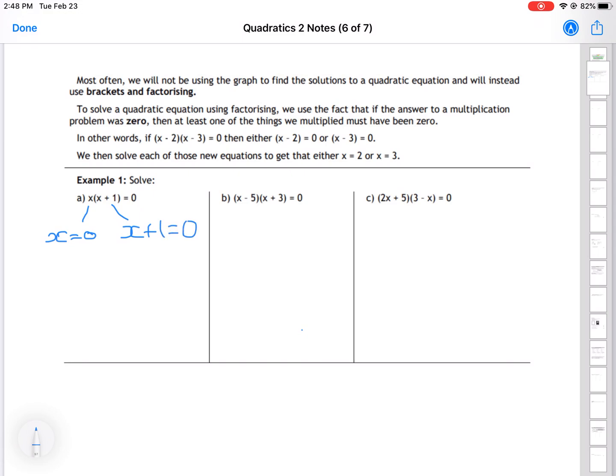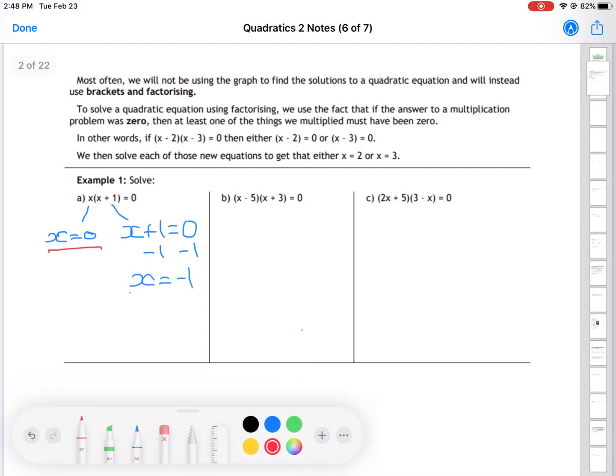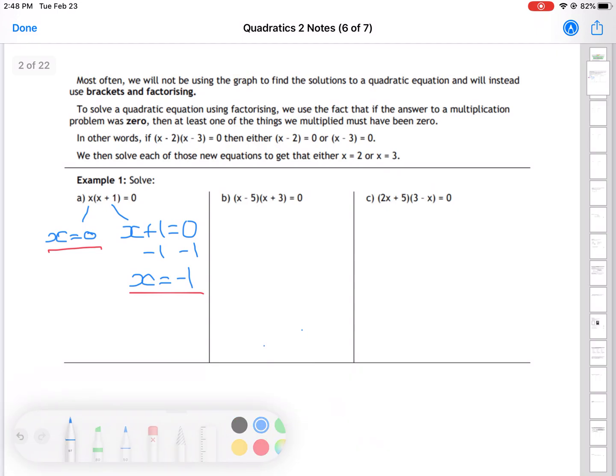I write out my solutions like that with the two lines underneath to make sure I've got both of them written down. One answer to A is x equals 0, but for the other we solve x plus 1 equals 0, take away 1 from both sides, so x equals minus 1 is the other solution. Make sure you do get it down to x equals something rather than x plus 1 equals 0.